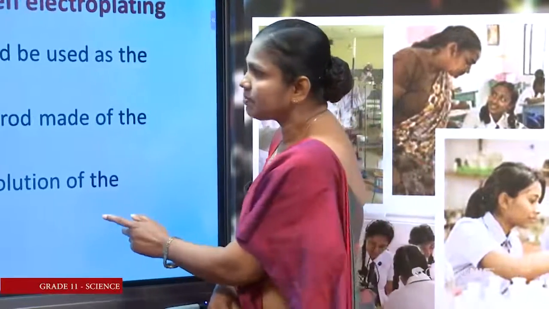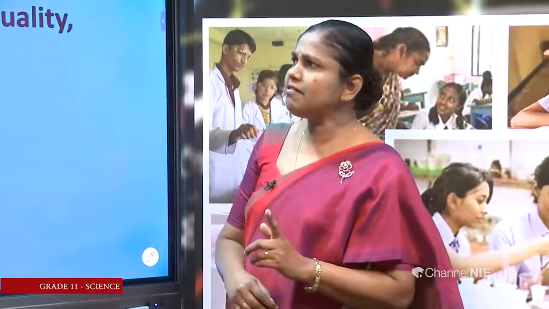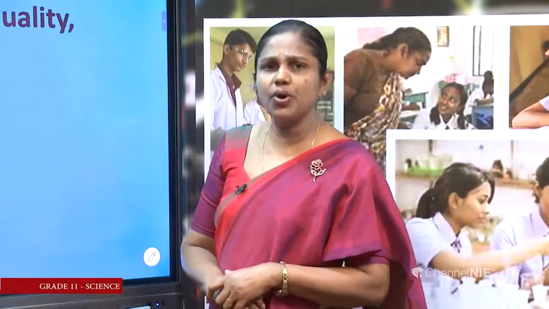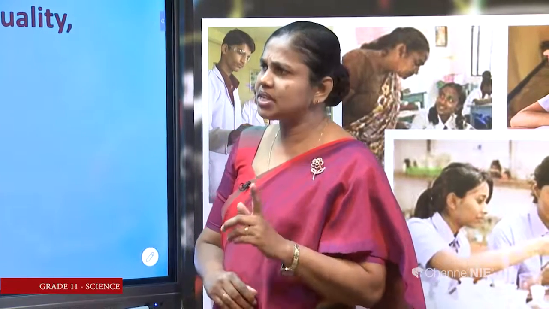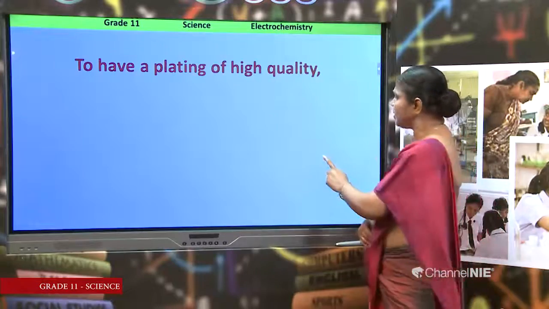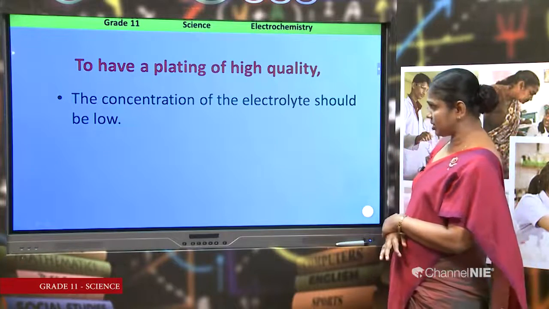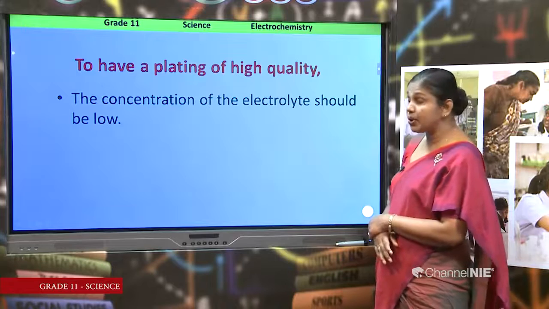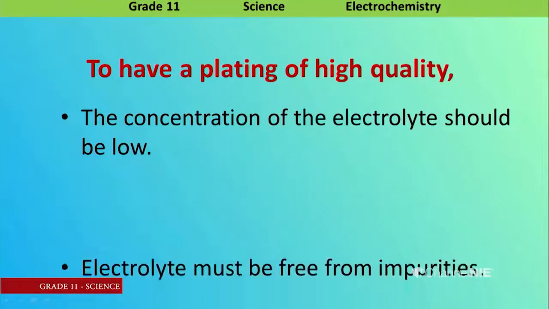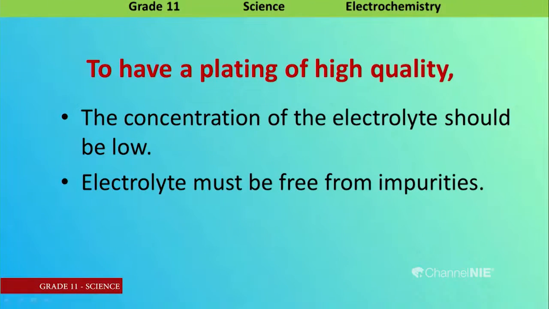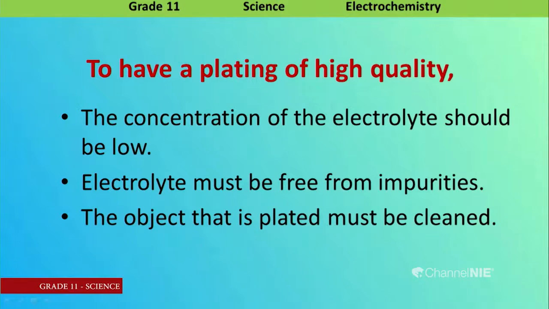Okay. Then, to have a plating of high quality, what steps should be followed, children? The concentration of the electrolyte should be low. The electrolyte must be free from impurities. The object that is plated must be clean, right?